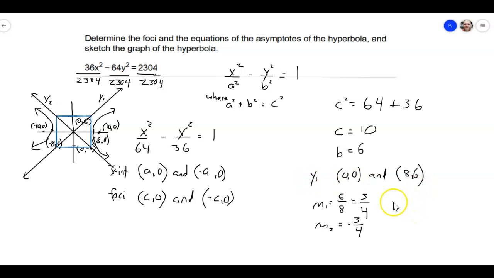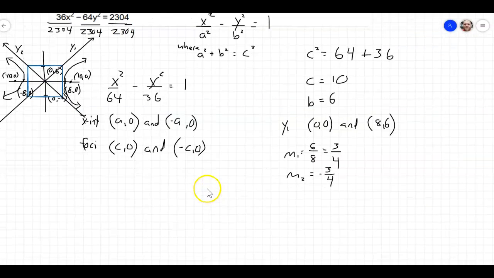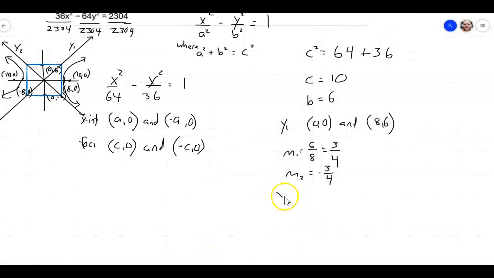Y1 has those points. Y2 also has the point negative 8, 6. And then since I have a point and a slope, I'm just going to use the point slope formula for both of those. So for y1, it's going to be y minus y1 is equal to m times x minus x1.